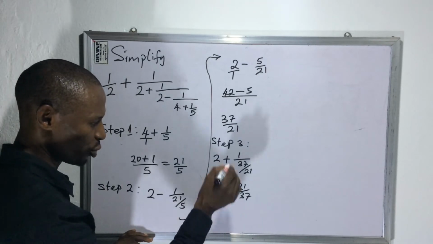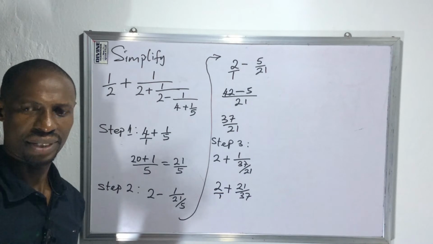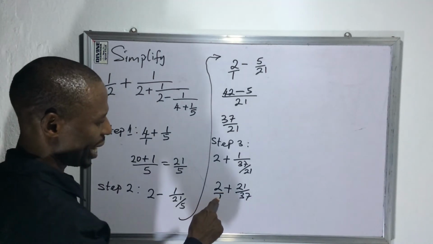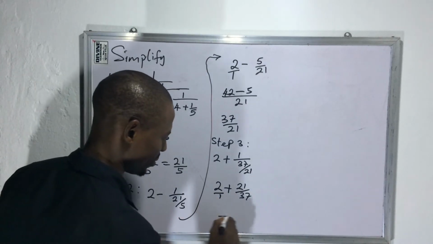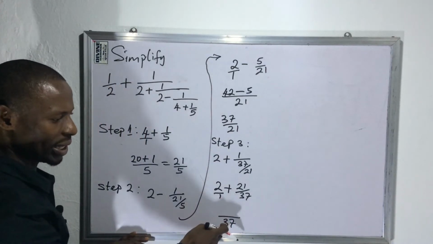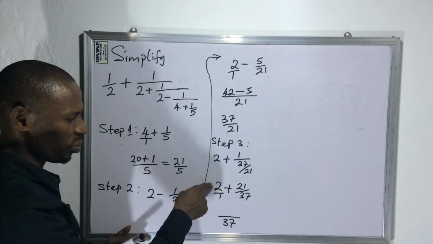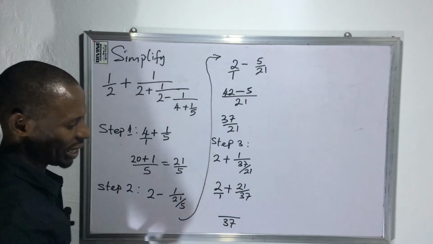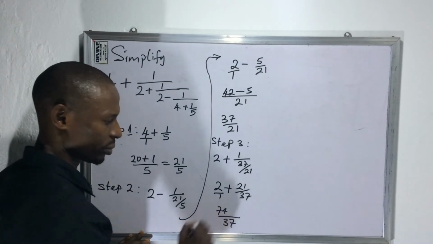Like I told you, if I introduce 1 down here, it has not changed the expression. So we proceed. We look for the LCM of 1 and 37, which will still give us 37. 1 into 37 gives us 37. Use the 37 to multiply the numerator. So 2 times 37 will give us 74.